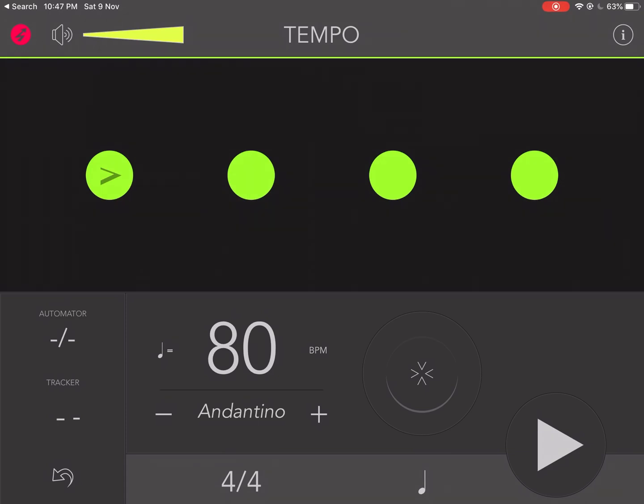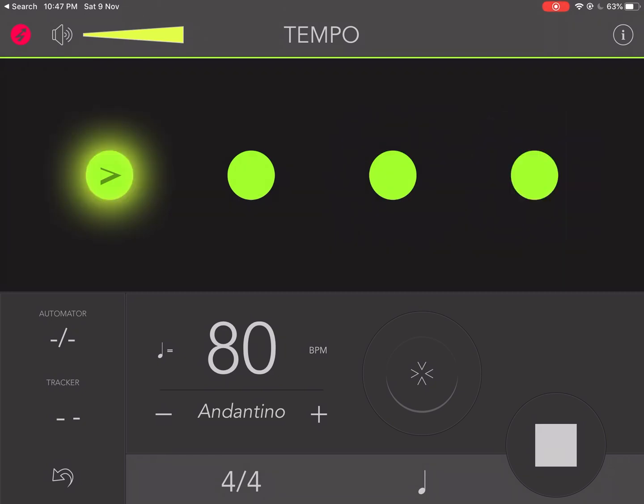The reason for that is because when you do it slowly, your brain has enough time to process and understand how fast the beat is and how to perform something. If you went really fast, like 100 or 120, you would have less time to react to the beat. So I always prefer doing it at a slower tempo, and then when I'm comfortable and I can demonstrate one of the notes perfectly to the metronome, then I go to a faster beat. So let's try it at 80 BPM now.